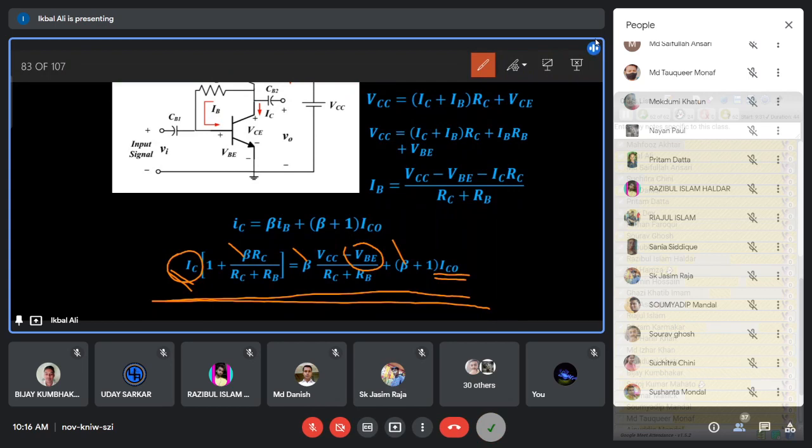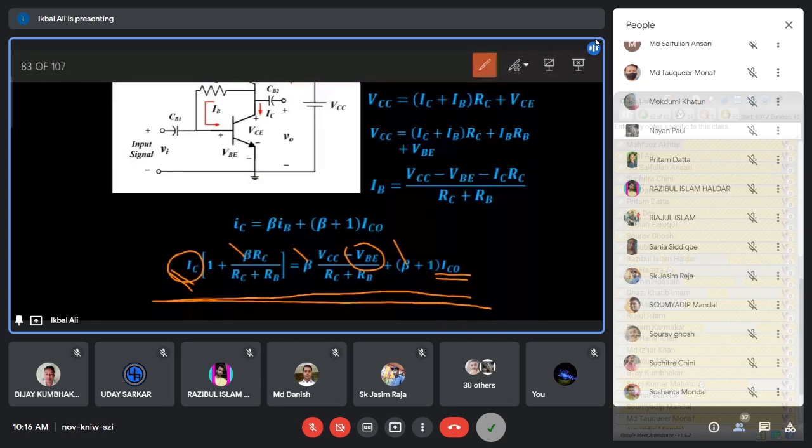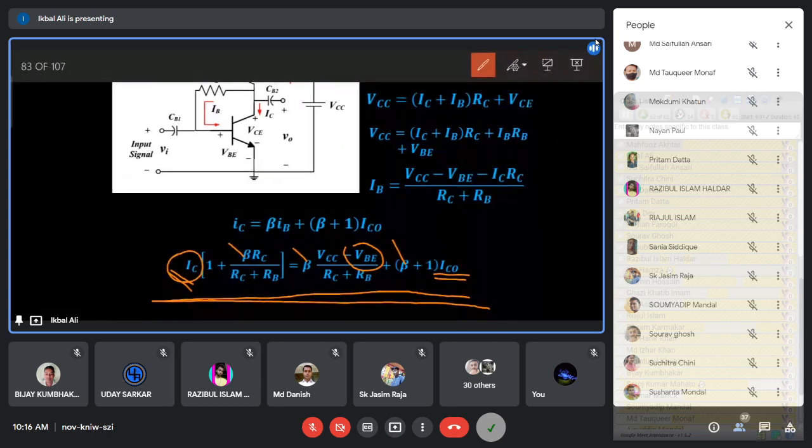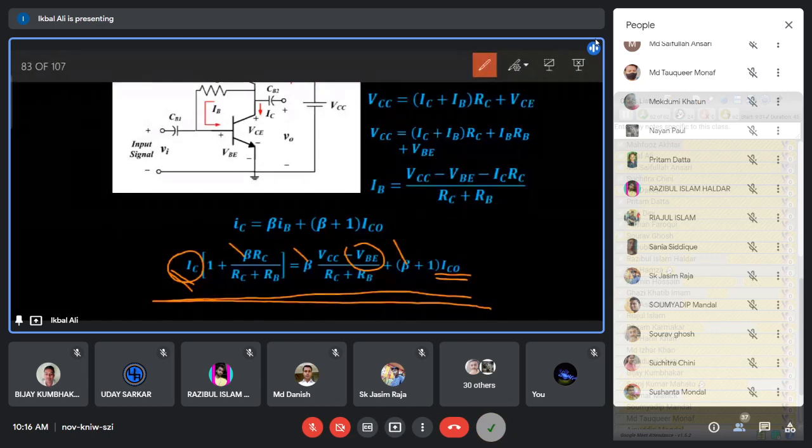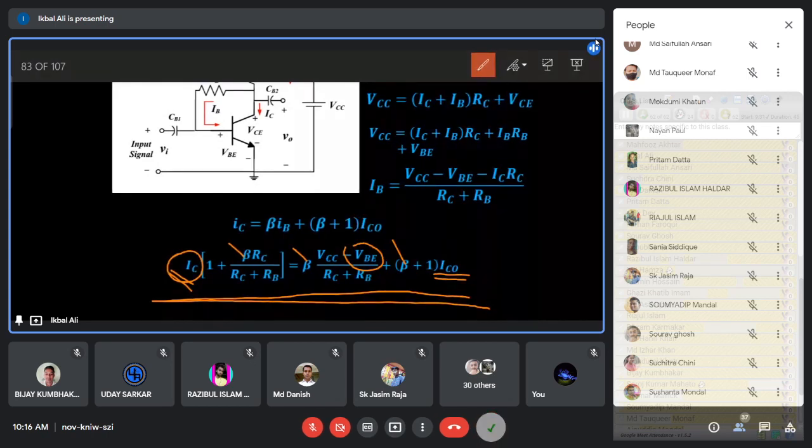We do this with the help of biasing circuits. If we can make the collector current change minimum with specific biasing circuits, that is why we are doing this type of analysis in the different biasing circuits. I hope that you have understood this one.